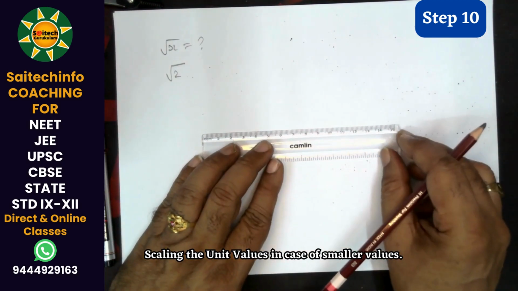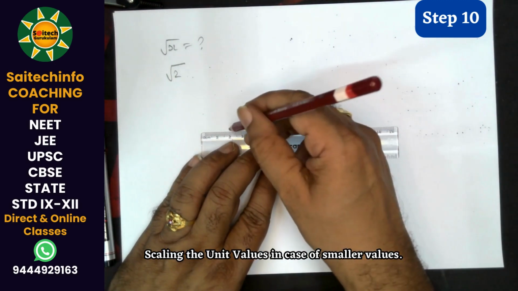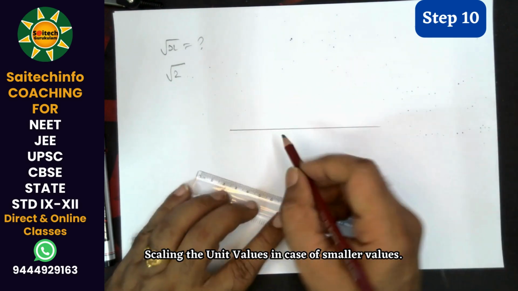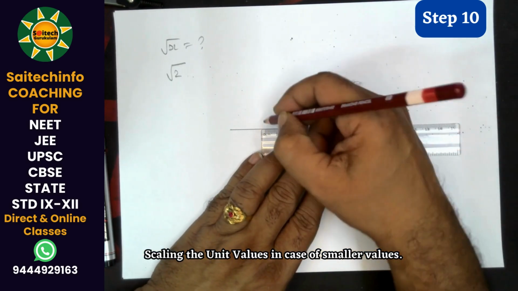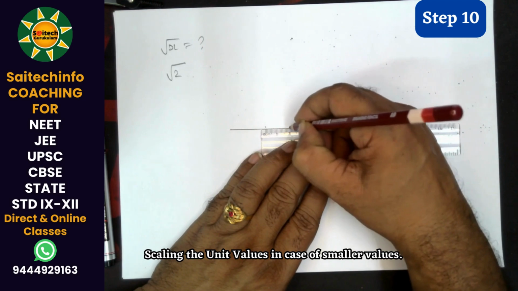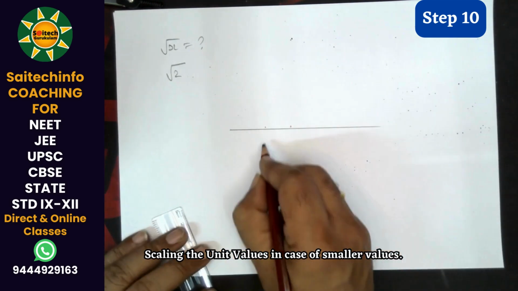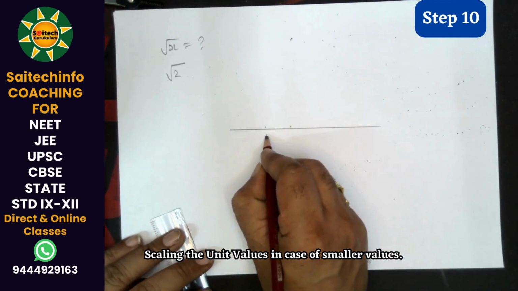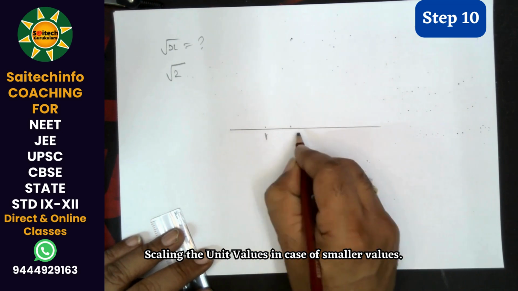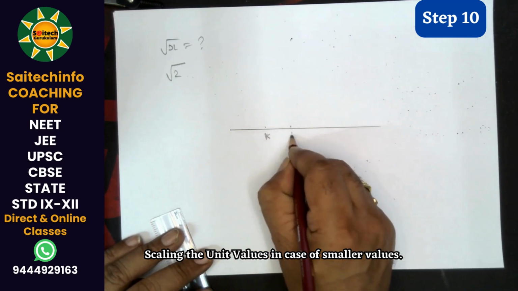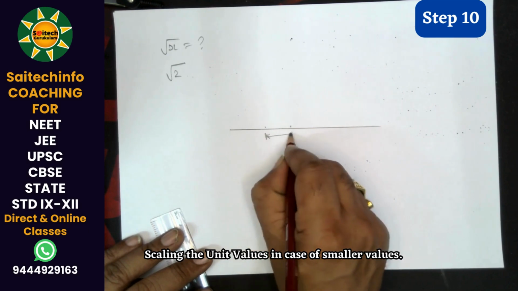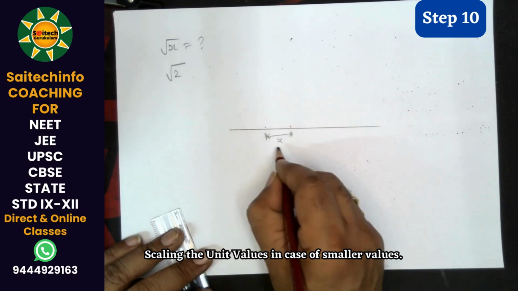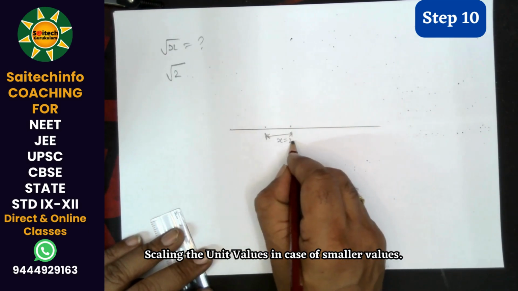What you are doing? You simply draw a line, and you have to draw the line segment for 2 centimeters. Okay. And you declare this as x. Is it not? Correct? So x, and what is the value of x here? x is equal to 2.